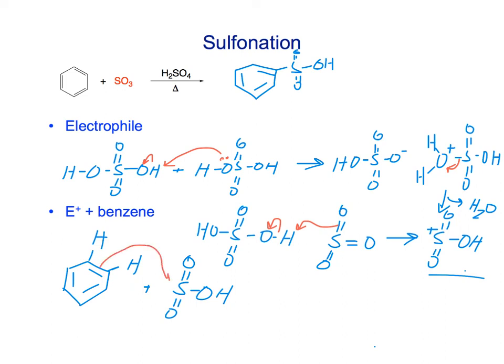Right, here's our first step. There's a plus already on here, so we don't have to push a bond up. Remember, sulfur being in this third row of the periodic table can make more bonds because it can use d electrons.